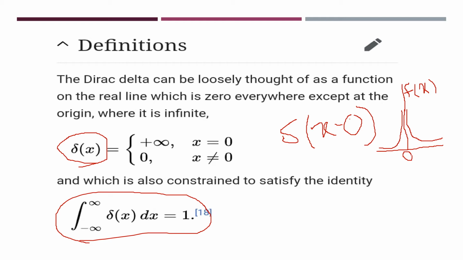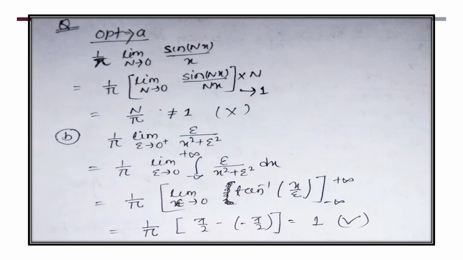Using this property, let us solve these options. From option A, it is given 1 by pi limit n tends to 0 sine of nx by x. How can you solve this?